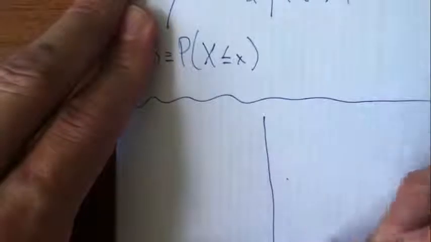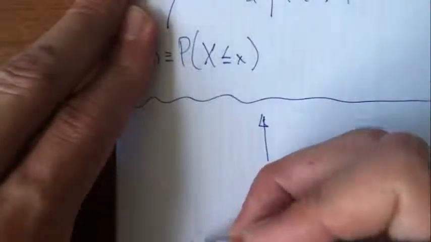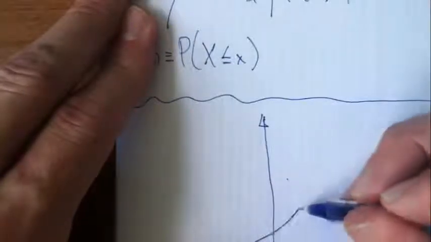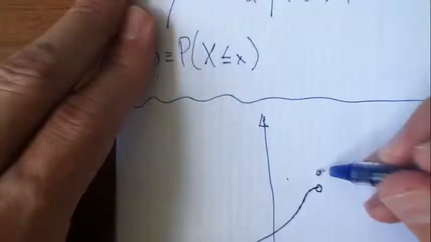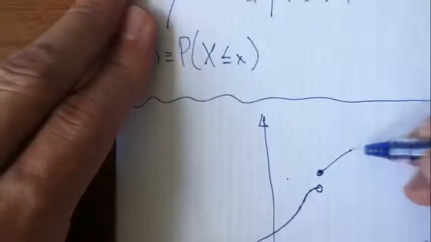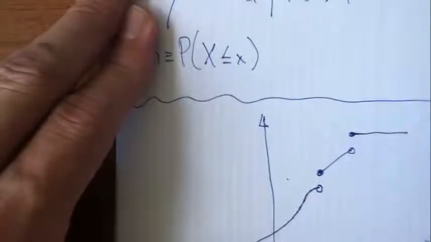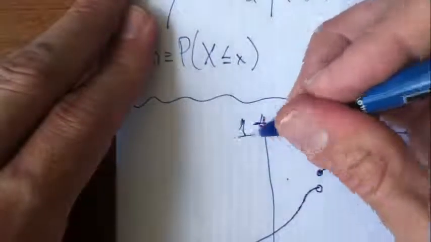It could be that you have a CDF that looks something like this. It could be 0 for a while, and then it could smoothly come up, and then there could be a jump like this, and then maybe something like that, and then finally maybe that's 1 up there.